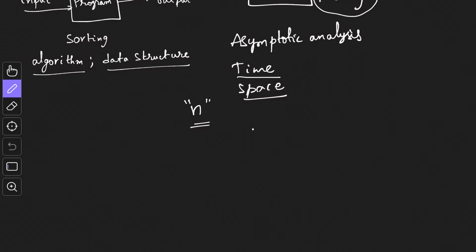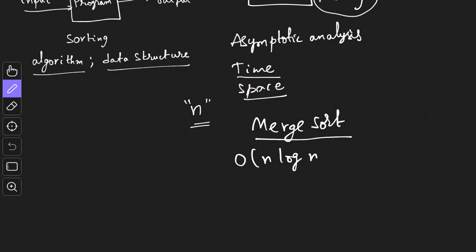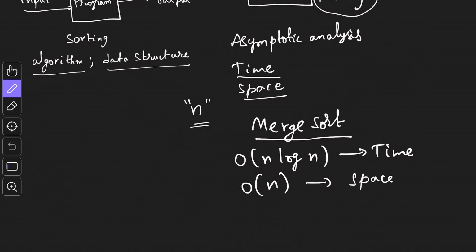Let's take merge sort as an example. The big O analysis, which is the asymptotic analysis, shows us that merge sort takes O of n log n time complexity, and it also requires O of n auxiliary space.